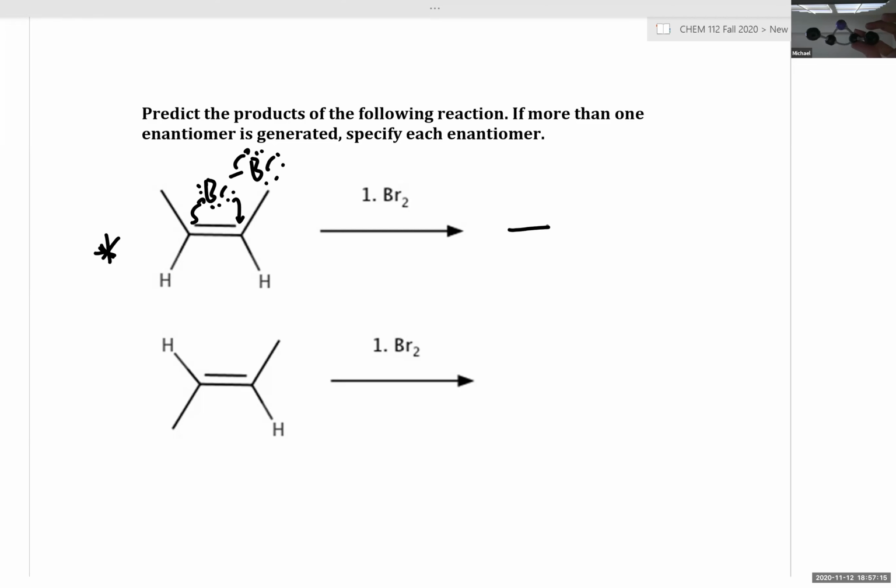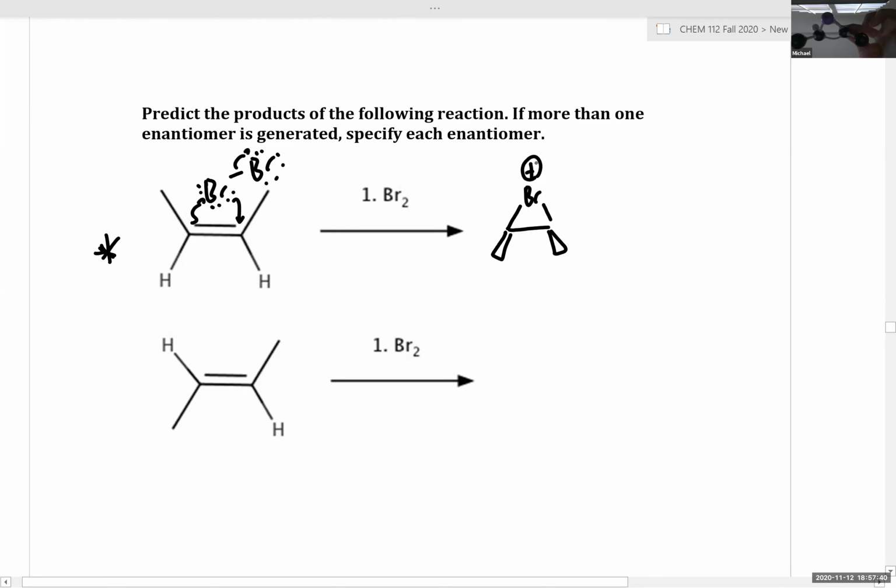Okay? So I see both of these methyls. Are they pointing towards us or away from us? Towards us. So we're going to draw both the methyls with a wedge. We're going to draw the bromonium ion in the plane of the page, just flat. And are my hydrogens pointing towards us or away from us? They're pointing away from us. Exactly right.